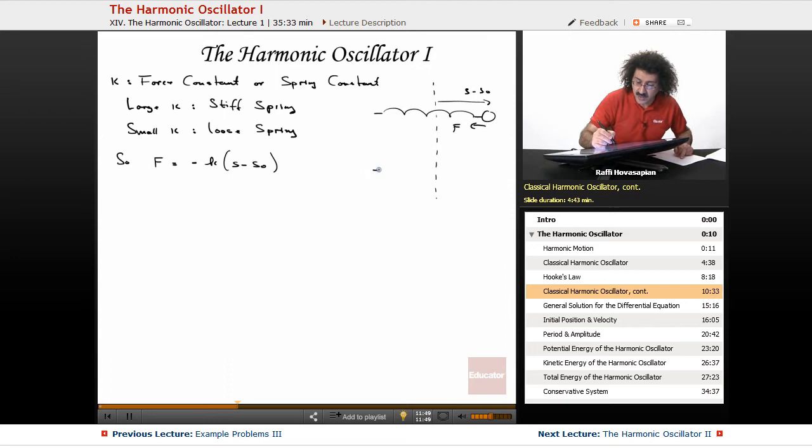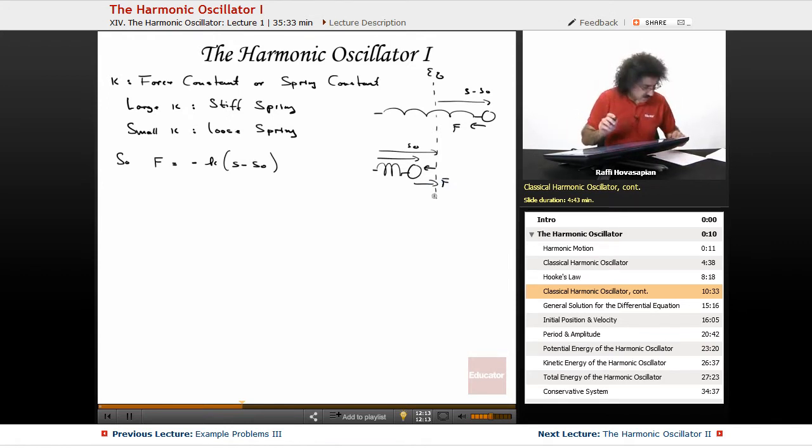And of course the compressed, I've pushed it in from its equilibrium position. That's the s. That's the s0. S minus s0, that's this displacement right here, and the force is going to be pushing that way, trying to push it back to its equilibrium. The restoring force, the restoring medium.